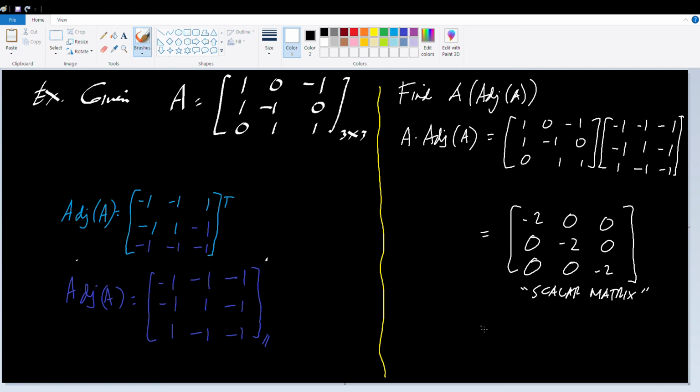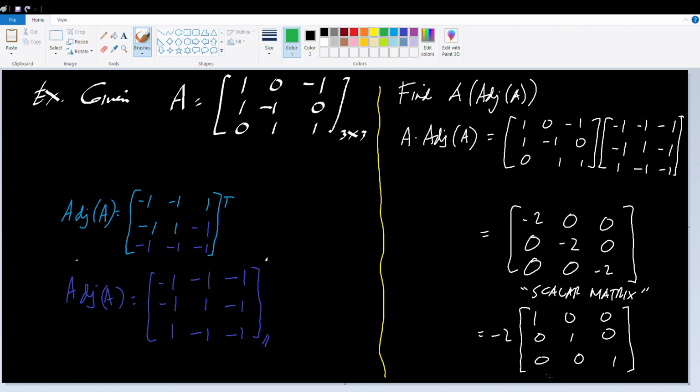And I can write this in a different way. I can factor negative 2 from each of the elements in the matrix. So I'll be getting negative 2 times the matrix 1, 0, 0, 0, 1, 0, 0, 0, and 1. And we recognize this matrix as the identity matrix, right?